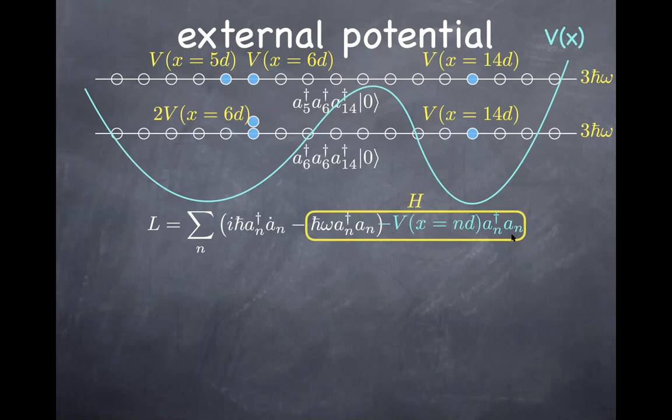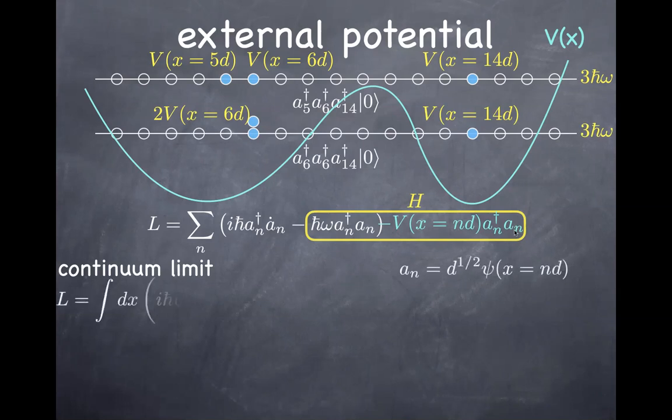So describing particles living in the external potential is very easy. You just add a piece to the Hamiltonian that gives you potential energy evaluated at the position times a dagger a for that particular site. And then it's easy to see how you take the continuum limit.